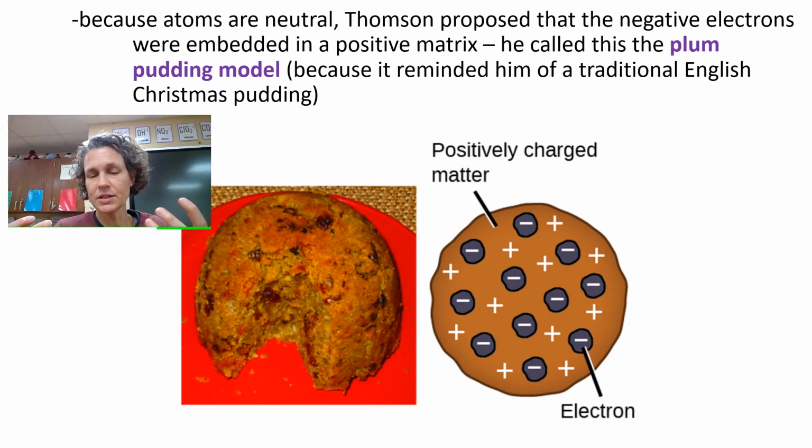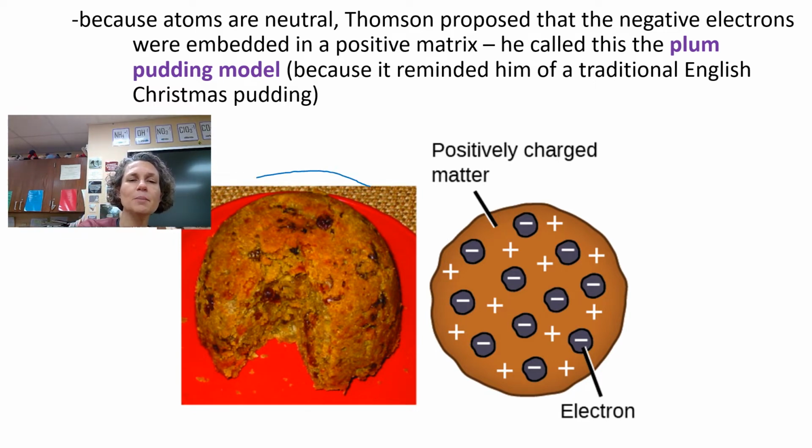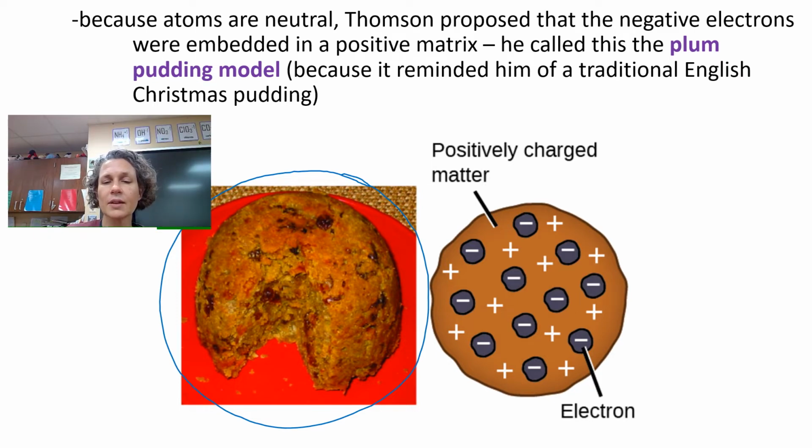Pudding just basically means dessert of some sort in this context. And so here's a picture. Here's the Christmas plum pudding. Looks very appetizing. And then here is a picture of his model to the side. The brown part is the positively charged material, and the little black circles with the negative signs in them, of course, those are the electrons.